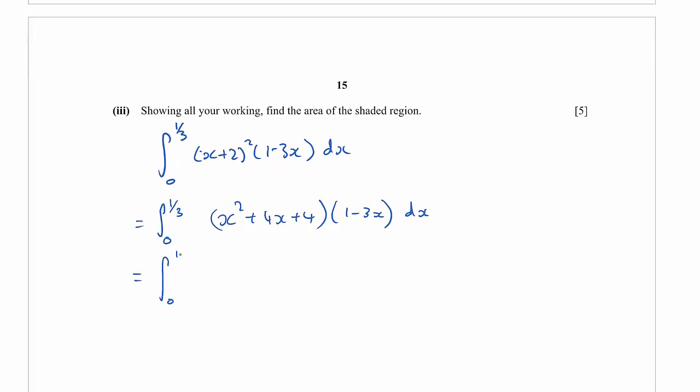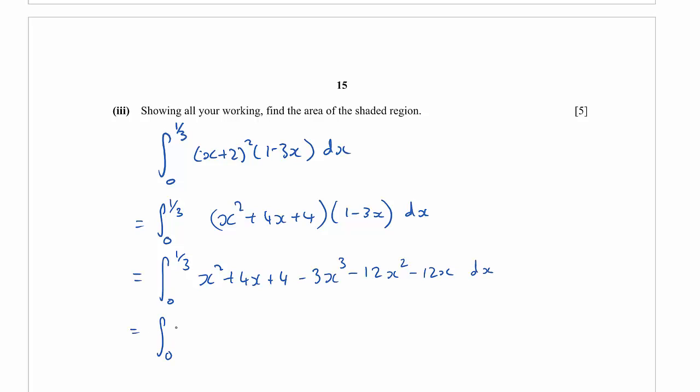That's the integral from 0 to 1/3 of x squared plus 4x plus 4, take away 3x cubed, take away 12x squared, take away 12x.